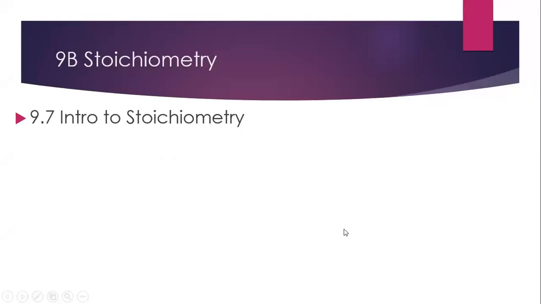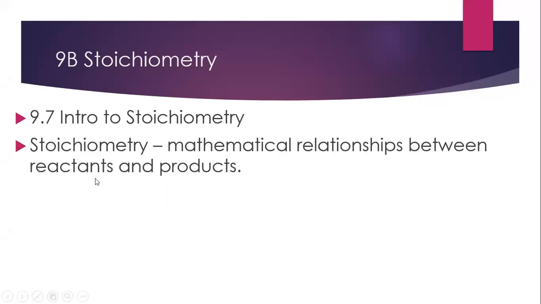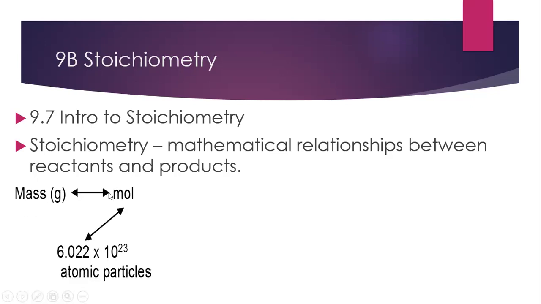Okay, so intro to stoichiometry, 9.7 notes is what 9B starts with. Stoichiometry, big word: the mathematical relationships between reactants and products. And as I said, in the first section, 9A, we just went over how to go from mass to mole to atomic particles and then back.